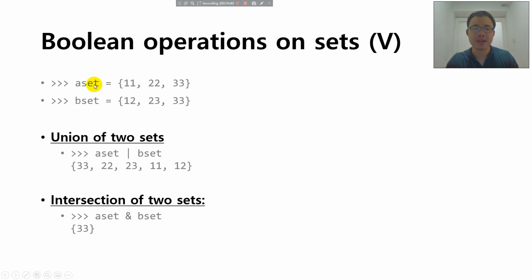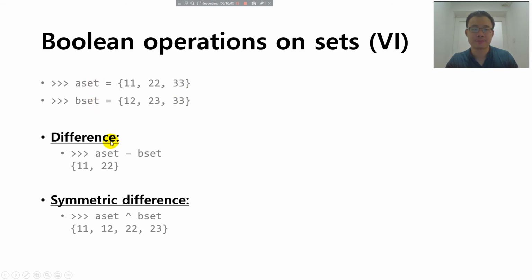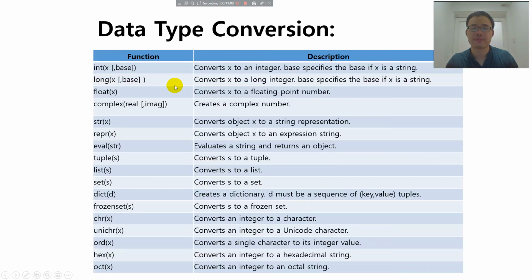A minus B will just give you 1, 1 and 2, 2, but not 3, 3, because 3, 3 also exists in set B. Okay, the symmetric difference will just give you the ones that are uniquely in each set, but not the common value.